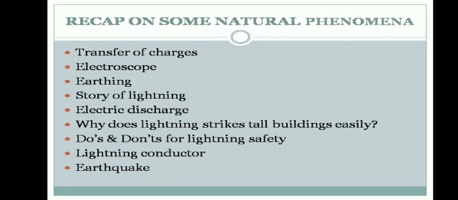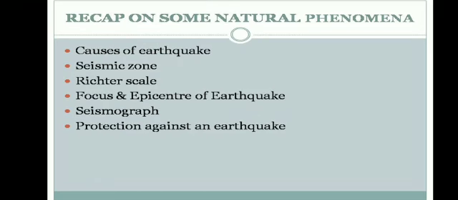It usually occurs for a very short span of time. Causes of earthquake. Earthquakes are caused by the collision of tectonic plates in the uppermost layer of Earth's crust. Some other causes are volcanic eruptions, a meteor hitting the Earth's surface, and nuclear explosions under the Earth's surface.